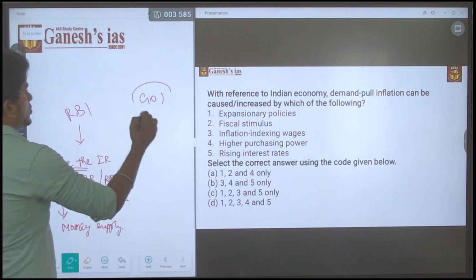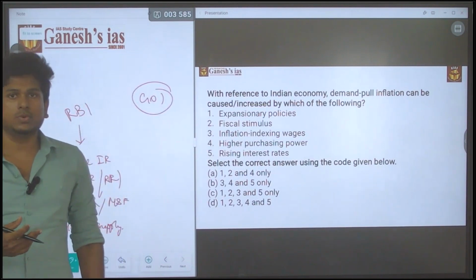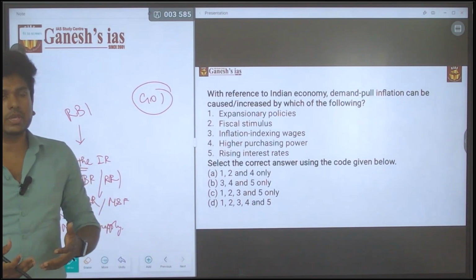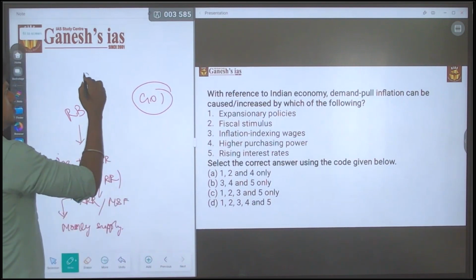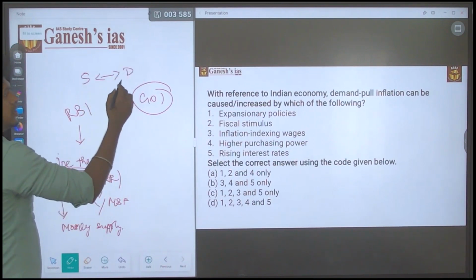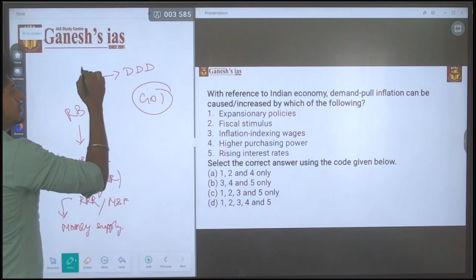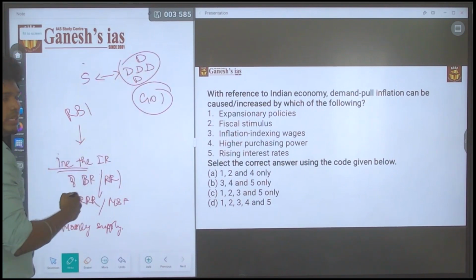What the government will do is provide certain subsidies to the producers to produce a lot more goods. Actually, demand pull inflation is happening because the supply is not managing the demand. There is a lot of demand but the supply is limited, and that leads to demand pull inflation.